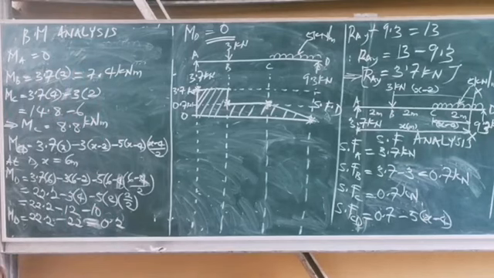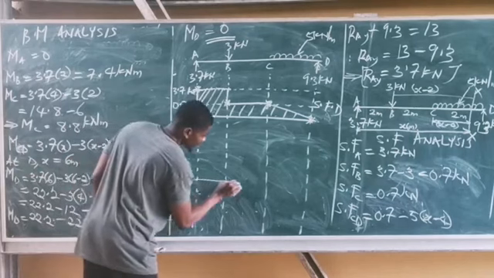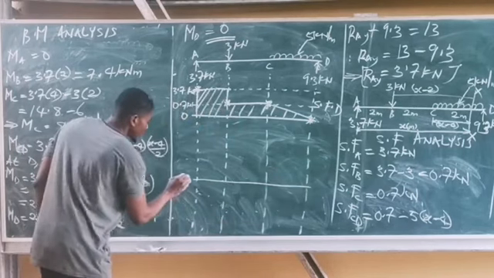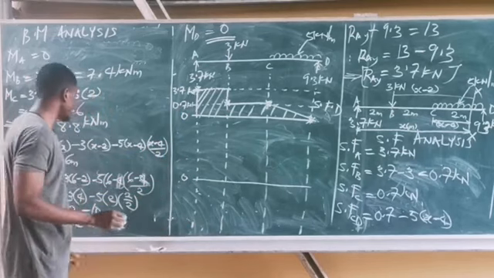The highest value for the bending moment is 8.8 kilonewton meters. We have 7.4 kilonewton meters, and we have 8.8, so 8.8 is the highest value. Alright, so we draw our zero mark, this is the origin O. Above are positive values, below are negative values.